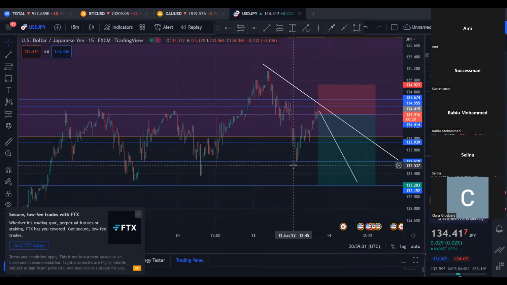I also analyzed that price has respected a zone, validating that zone as a resistance. And with maybe a bearish engulfing candle or harami or pin bar, evening star, I presumed or analyzed that it will sell.